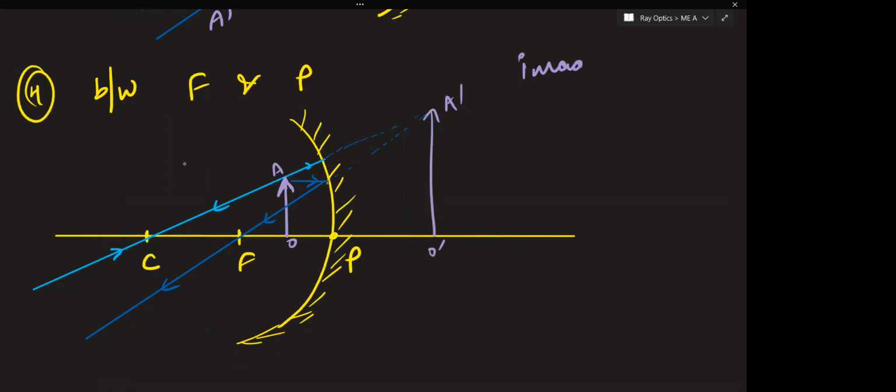So what are the conclusions about the image? First point, where is the image formed? It is formed behind the mirror. Second point, it is not inverted this time. O dash A dash is erect. And it's not a real image.